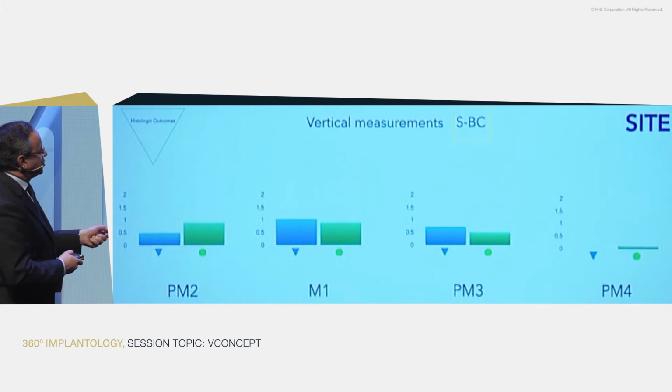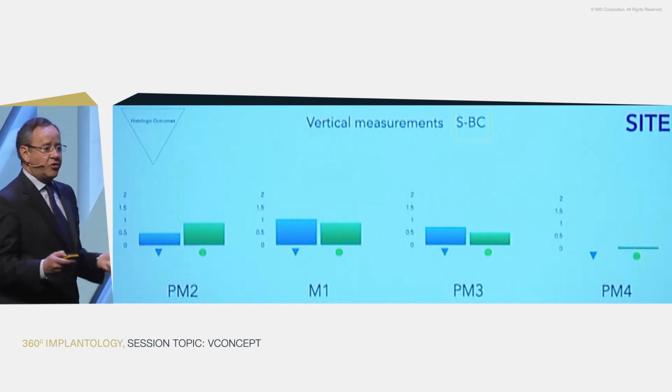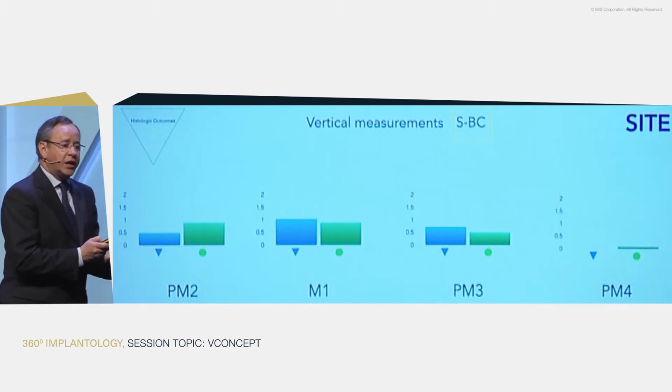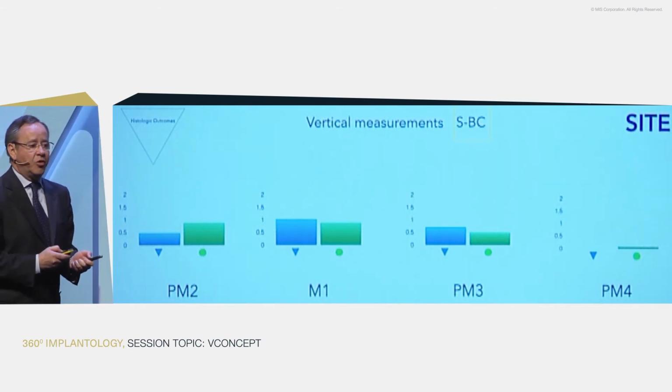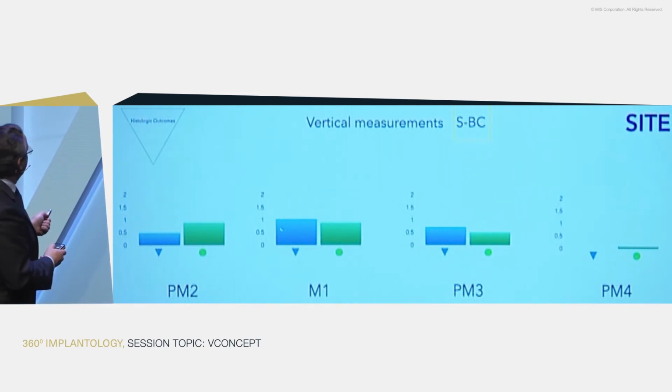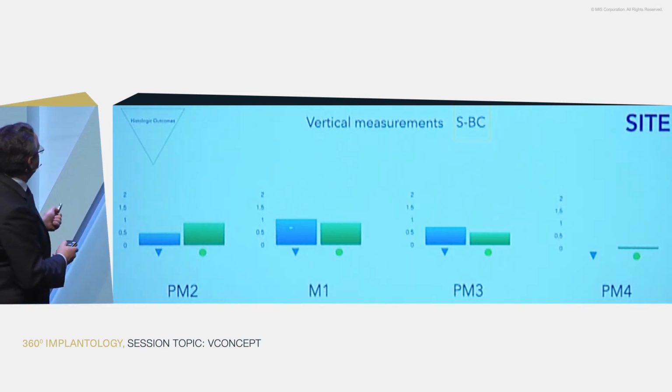You can see that in this situation, the vertical loss is minimal. You see in the test site there is 0. Here in the PM2 also is 0.5. Only in the molar, that you understand is the wider and probably will need more time to reach the maturity of the bone, we have close to 1 millimeter in both sides.